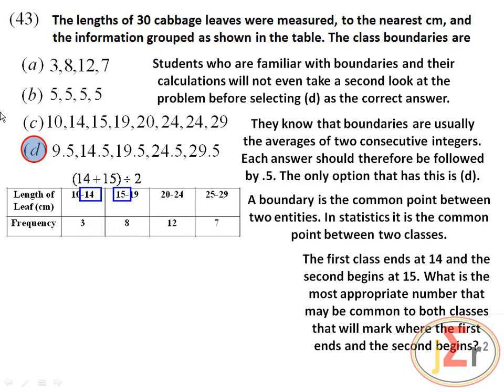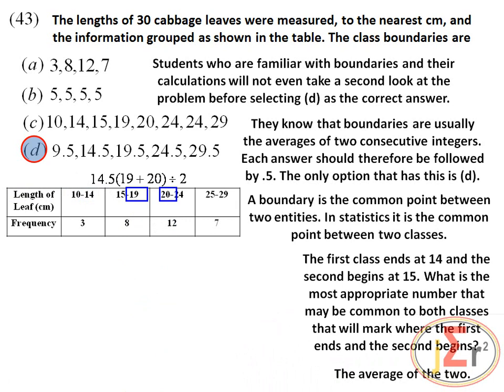And our calculation says 14 plus 15 divided by 2, the average of the two. Taking the average, we get 14.5 is a common point between 14 and 15. That makes a lot of sense even without actually working it out.